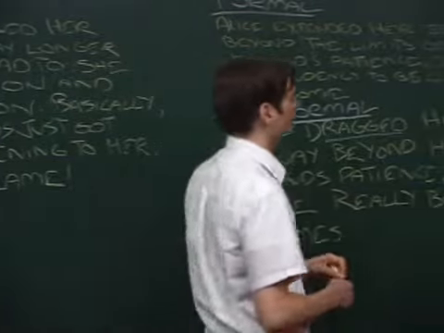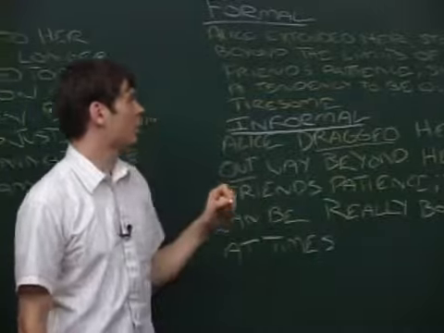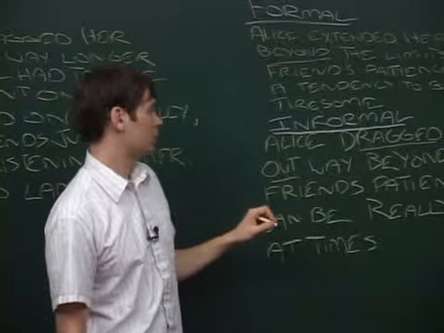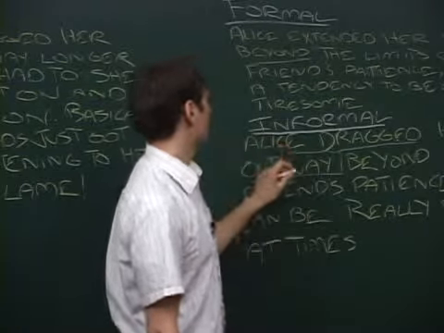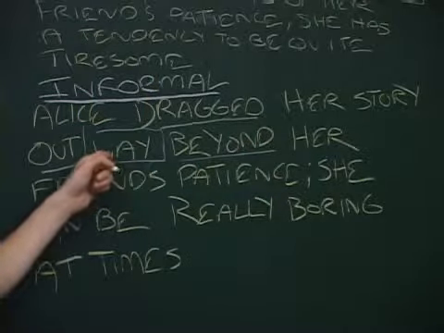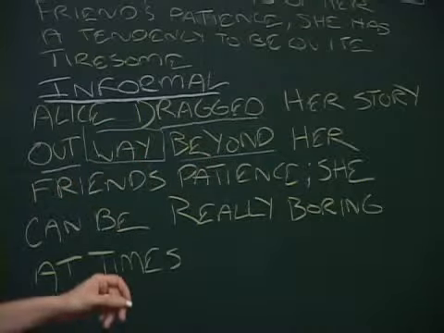Up here I used far beyond, okay? And then down here, I use way beyond. So way is a little bit less formal than far when we're chunking it with beyond.